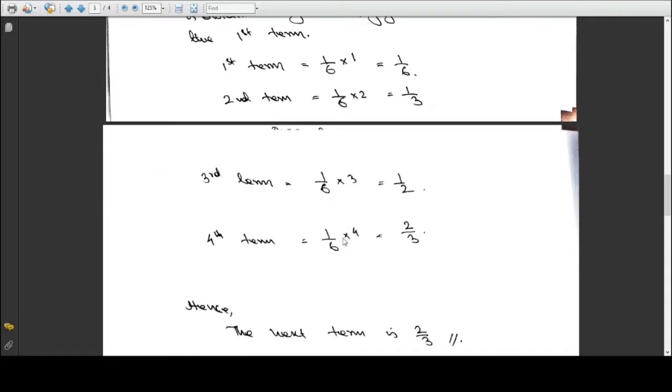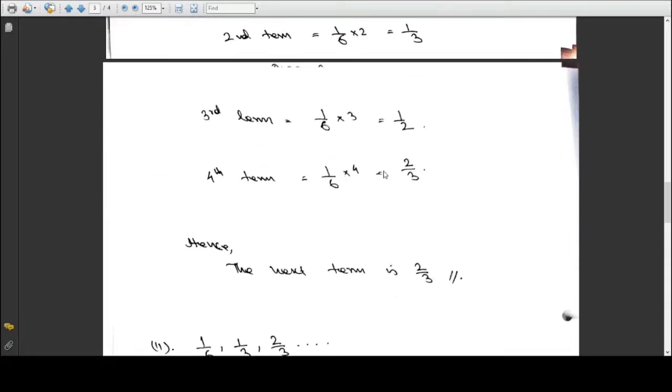This is the procedure of how they are doing it. Hence we can write the next term of the sequence will be 2 by 3. Since we have already found the fourth term to be 2 by 3, the fourth term will be 2 by 3.